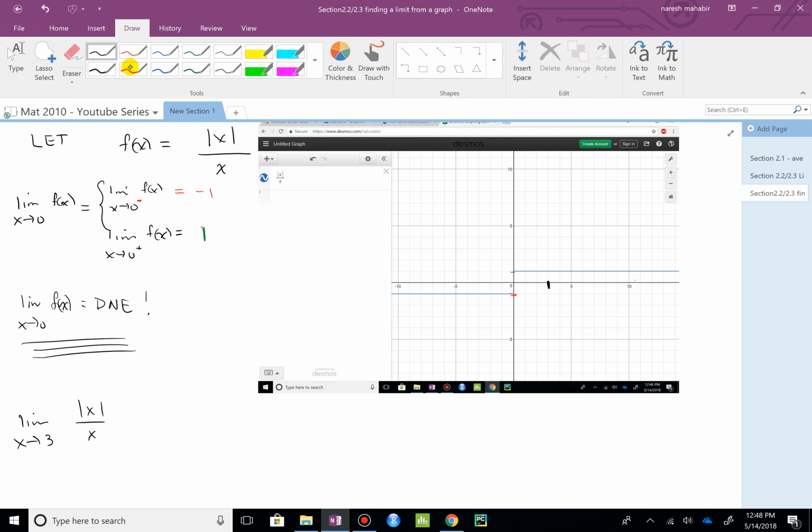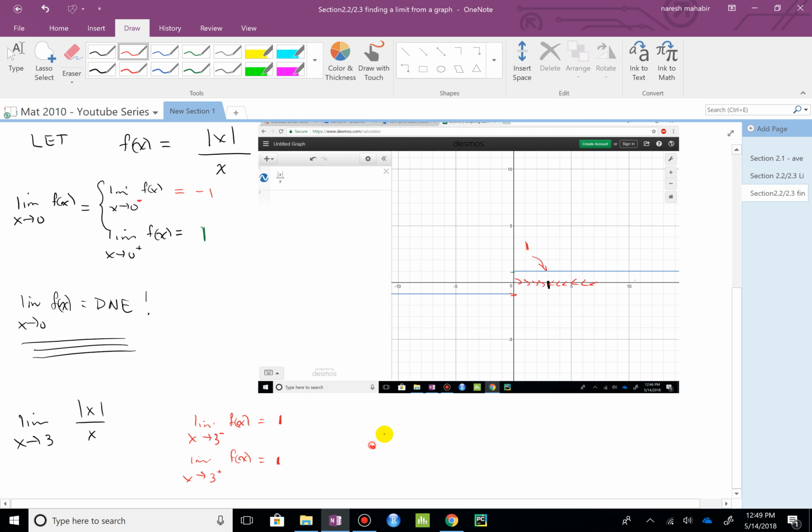So you can kind of see here that as x approaches 3, the value here is still at 1. So that means the limit as x approaches 3 from the left-hand side, the negative side, has to be 1. And if we come to it the other way, the y value still is 1. So the limit as x approaches 3 from the right-hand side, too much coffee, guys, equals 1.